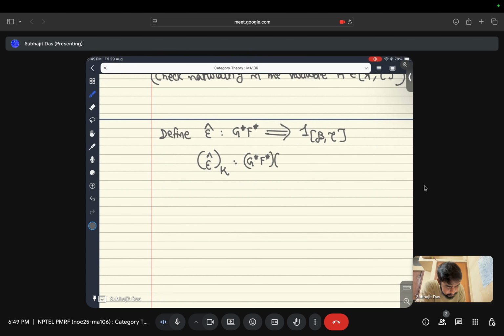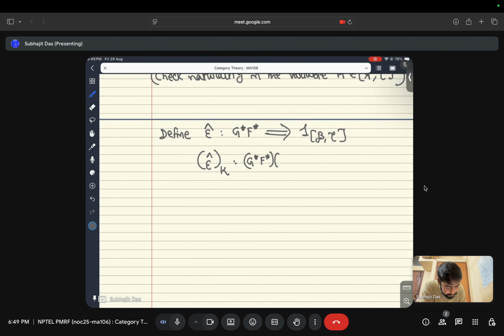So also check naturality for this one, in the variable K in the functor category from B to C.